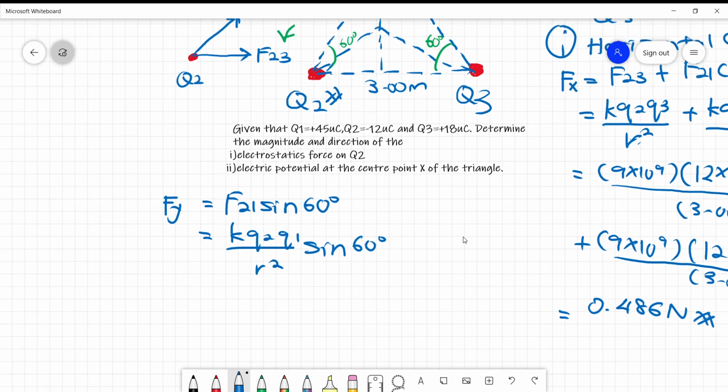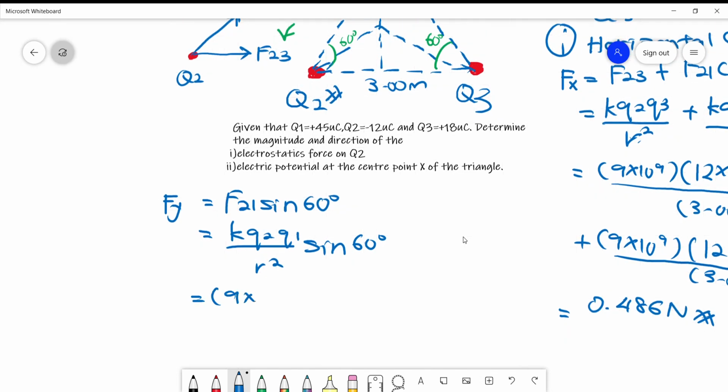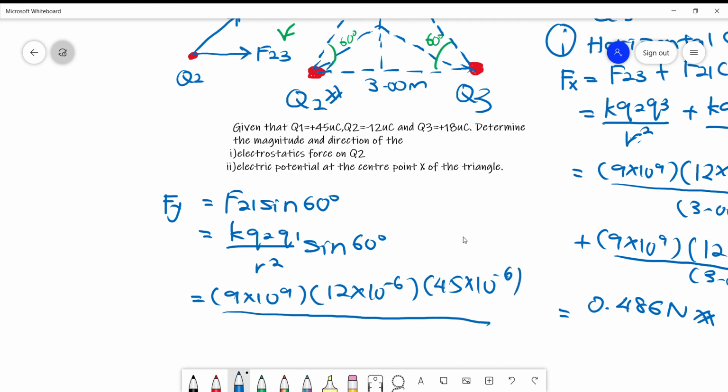Okay, so this is 9 and Q2 is 12 and Q1 is 45 and the distance is actually 3.